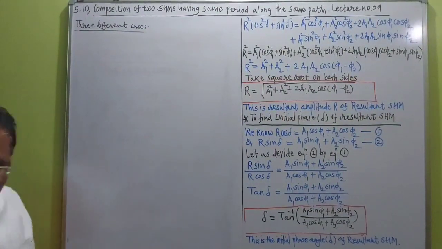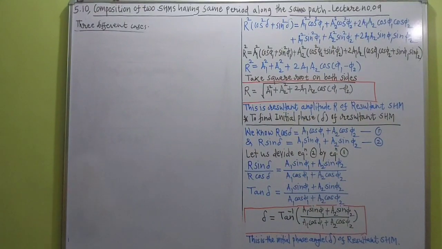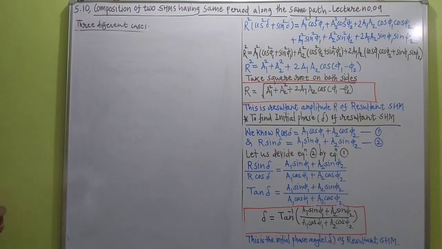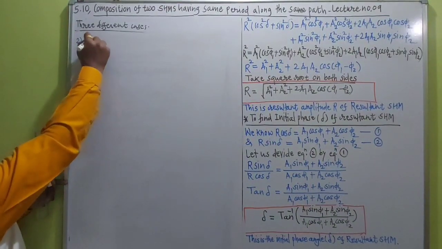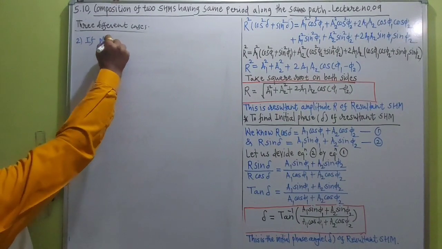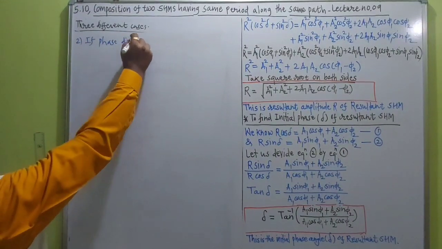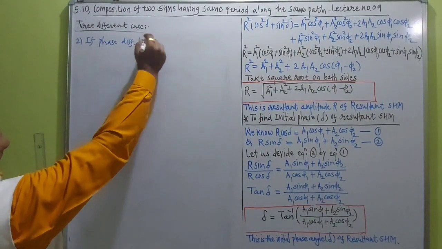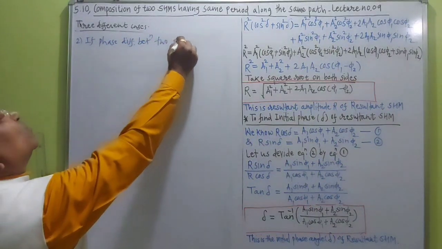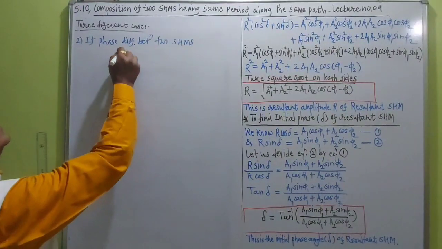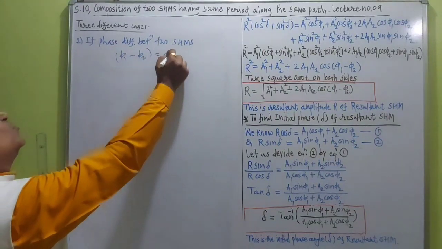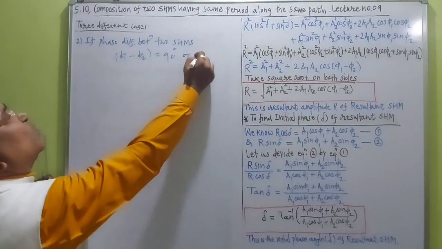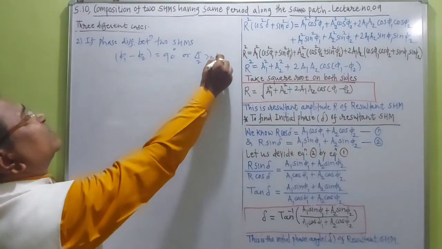Case number 2: if the phase difference between two SHMs, phi 1 minus phi 2, is equal to 90 degree or pi by 2 radian.